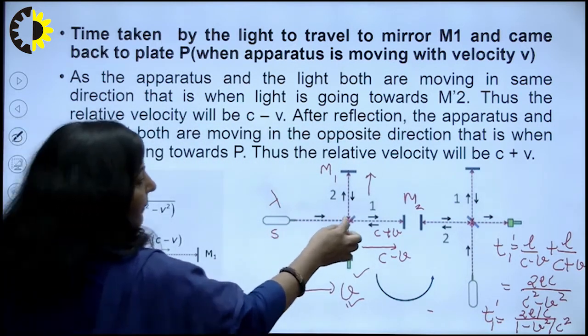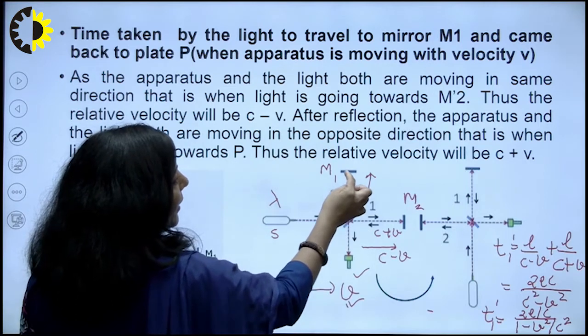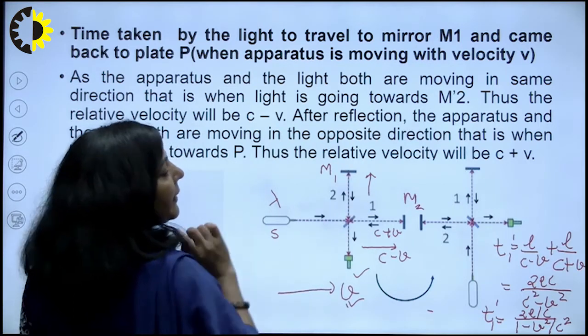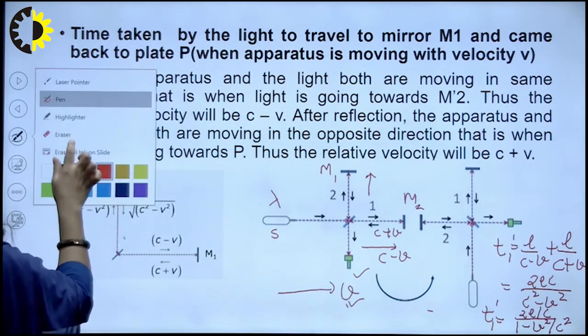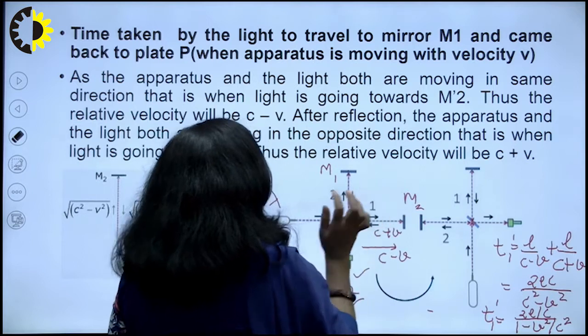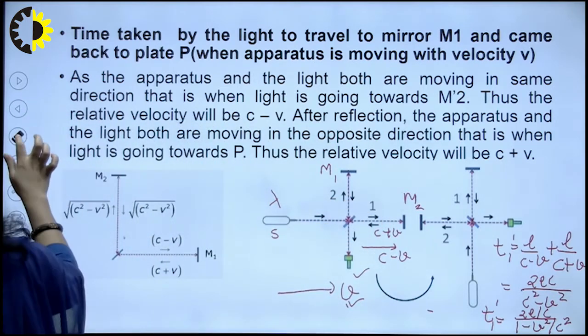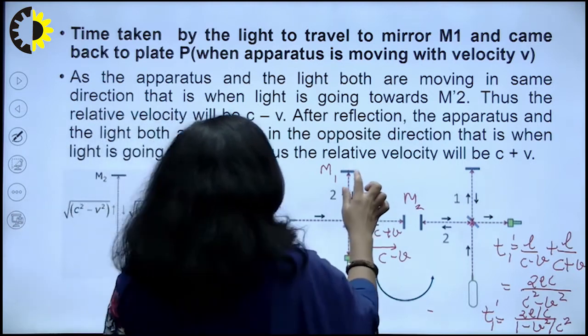suppose your light ray, when reflected by this glass plate, is starting its journey and moving towards mirror M1. When this light ray reaches the mirror M1, let the time taken by this light ray be t dash.